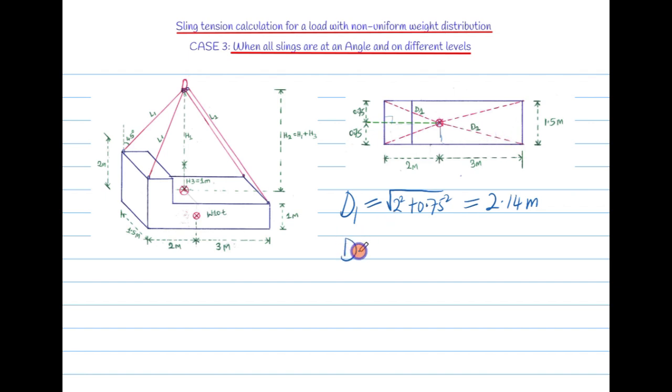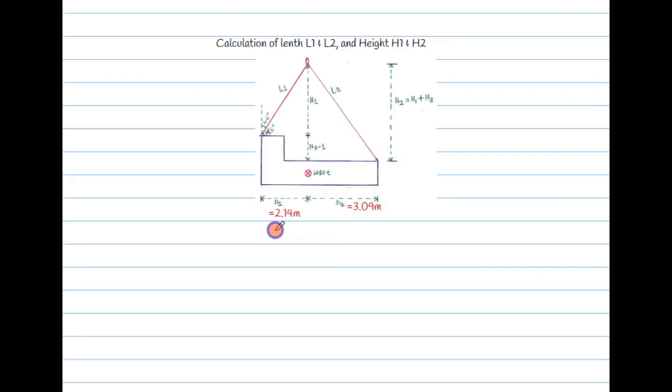So D2 is equal to the square root of 3 square plus 0.75 square. This will give 3.09 meter.